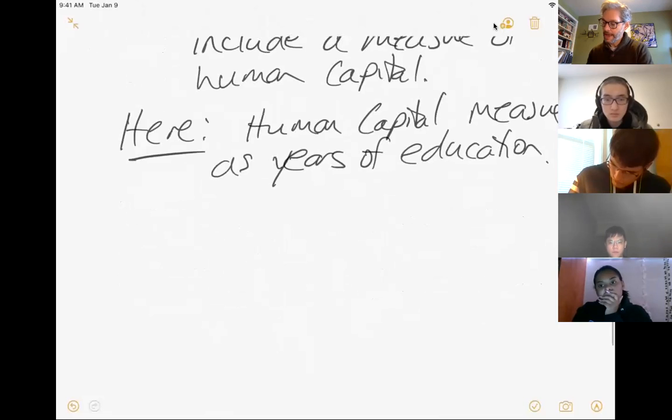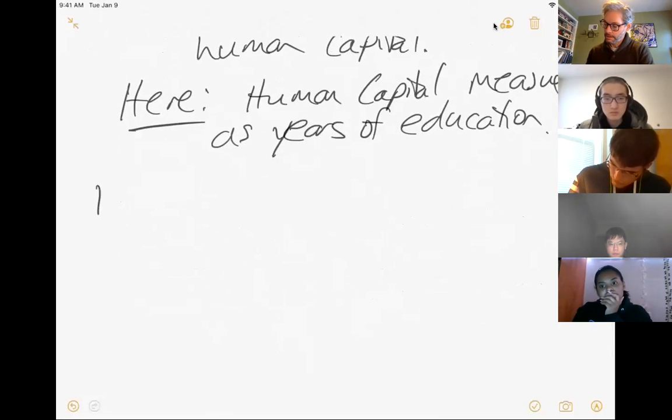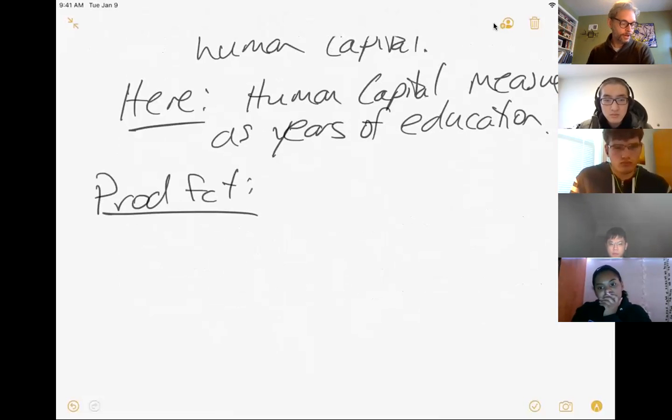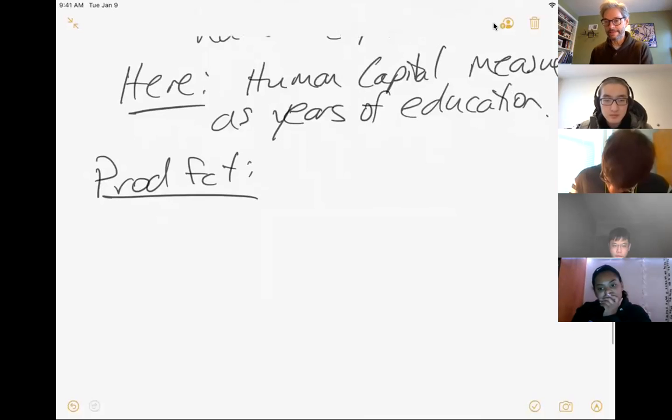Okay, so now, how do we include human capital in our production function? One of the more clever things that Mankiw, Romer, and Weil do in this paper is the way that they include human capital in their production function.